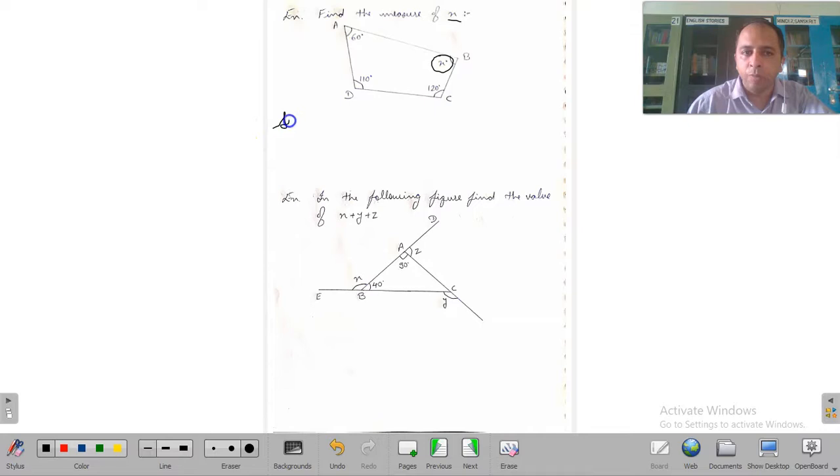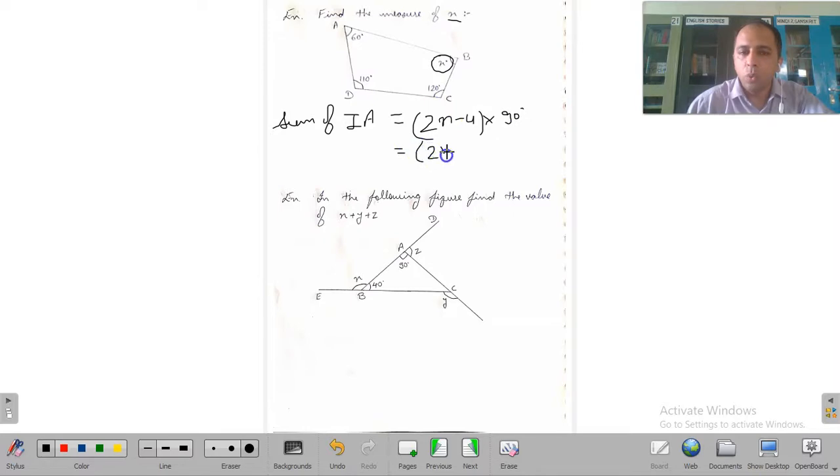So we will write down the sum of all interior angles of a quadrilateral. You have to write down the full statement. Sum of all interior angles of a quadrilateral is equal to (2n minus 4) multiplied by 90 degrees. How much is it?